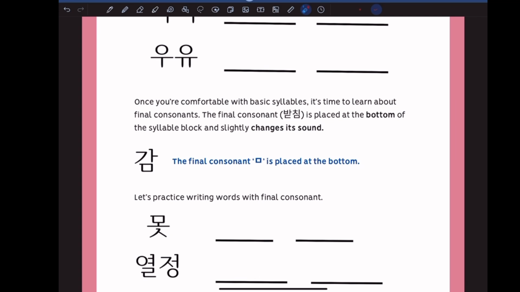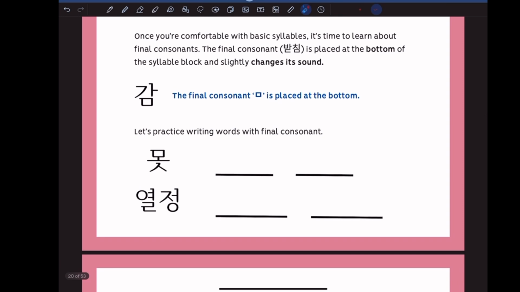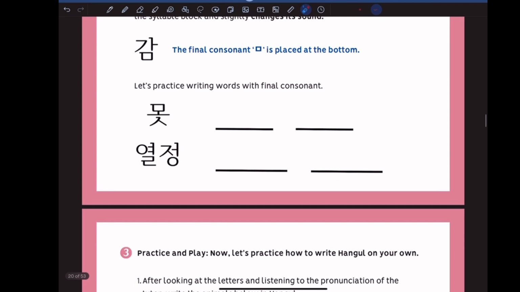So once you're comfortable with the basic syllables, it's time to learn about the final consonants. The final consonant, which is called 받침, is located at the bottom of the syllable block and slightly changes its sound as it combines with the word. If you can see over here, the final consonant m is placed at the bottom.